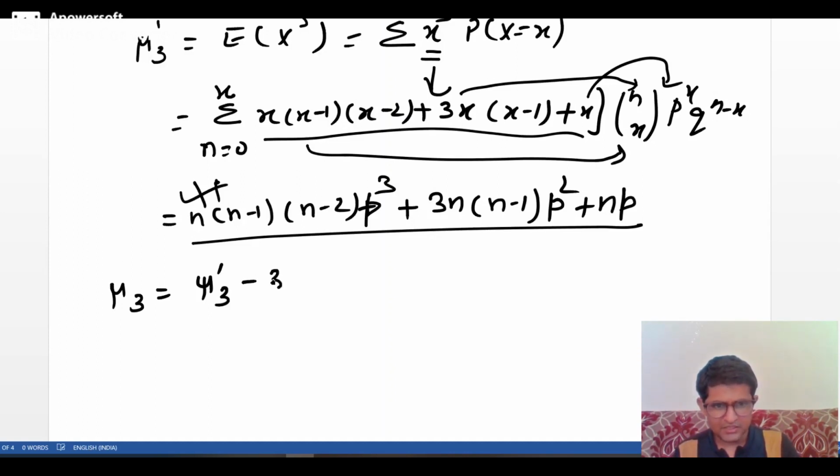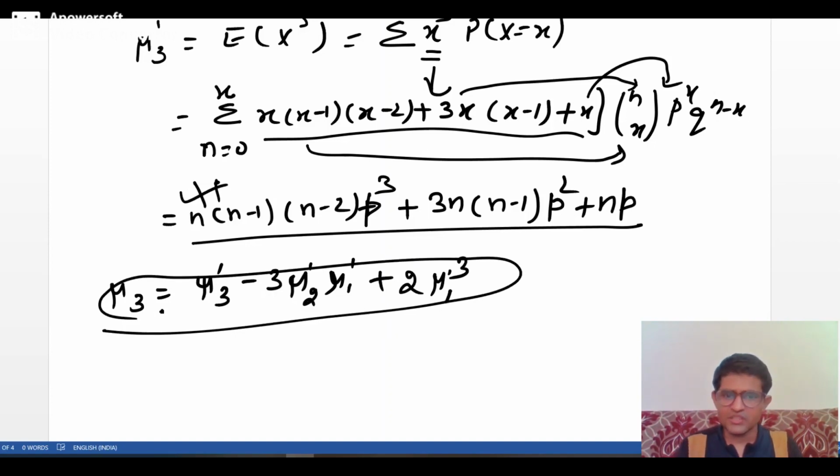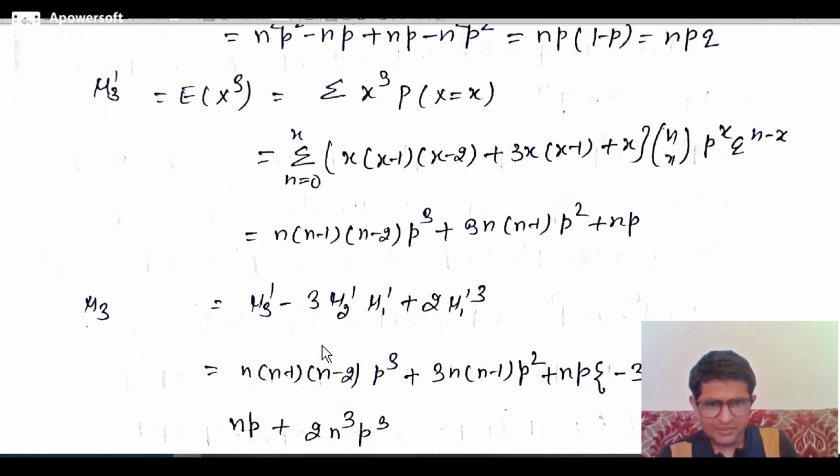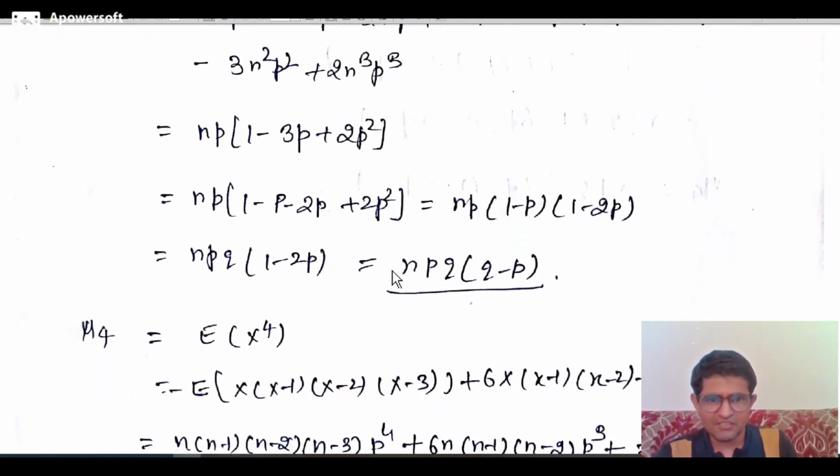Okay guys, after getting this you may calculate mu3, which is mu3 dash minus 3 mu2 dash mu1 dash plus 2 mu1 dash cube. This is the third central moment. Now putting all these values of mu1, mu2, mu3 and simplifying, you get the value of mu3 as npq(q minus p).